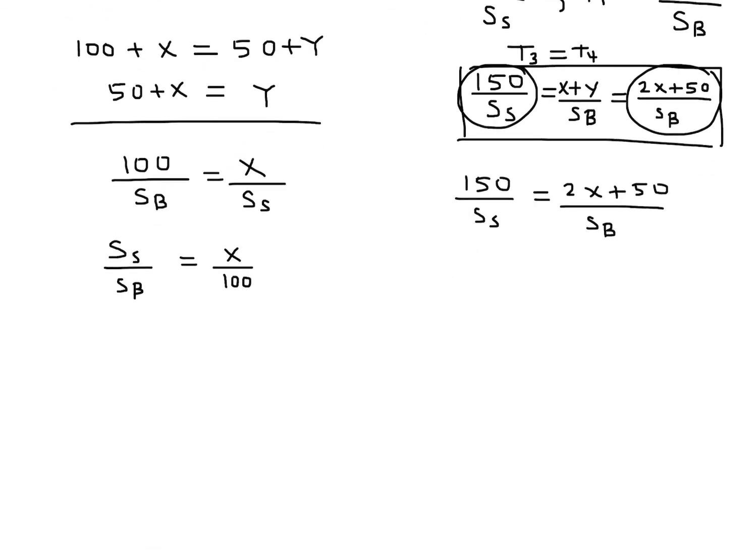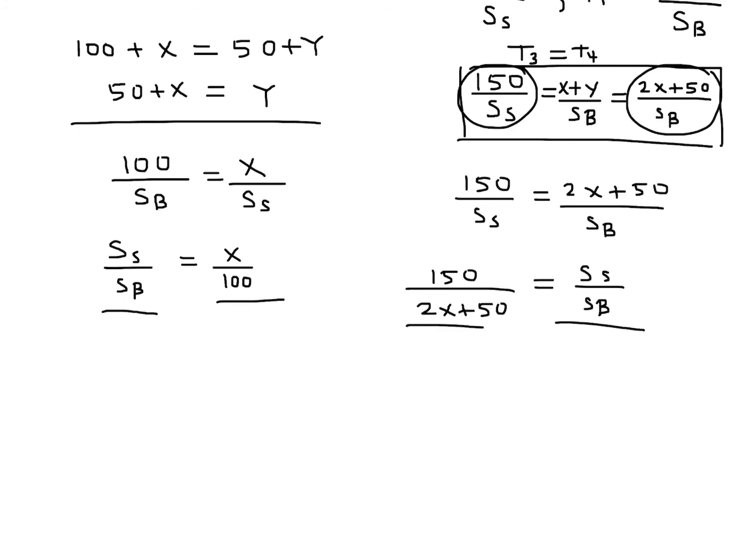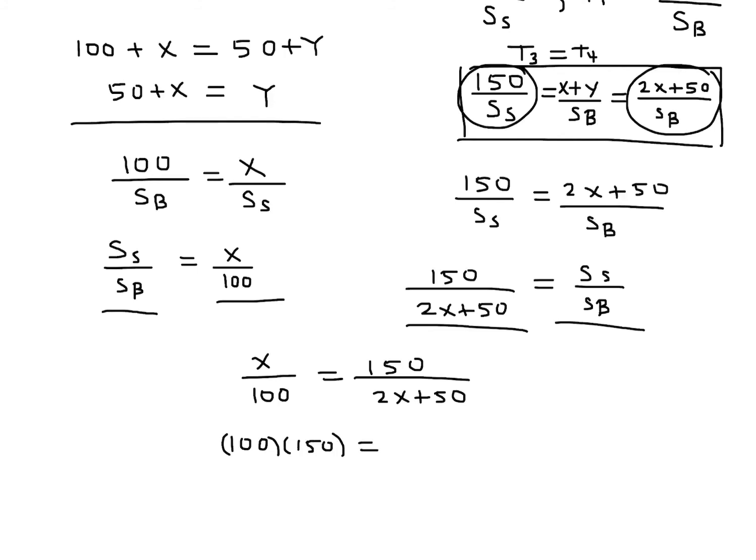And therefore, if we cross multiply, we'll get 150 over 2x plus 50 is equal to SS over SB. And there we go. We got two ways of equating the speeds, and we can just set them equal to each other. So x over 100 is 150 over 2x plus 50. Cross multiply these, you get 100 times 150 is equal to 2x squared plus 50x.